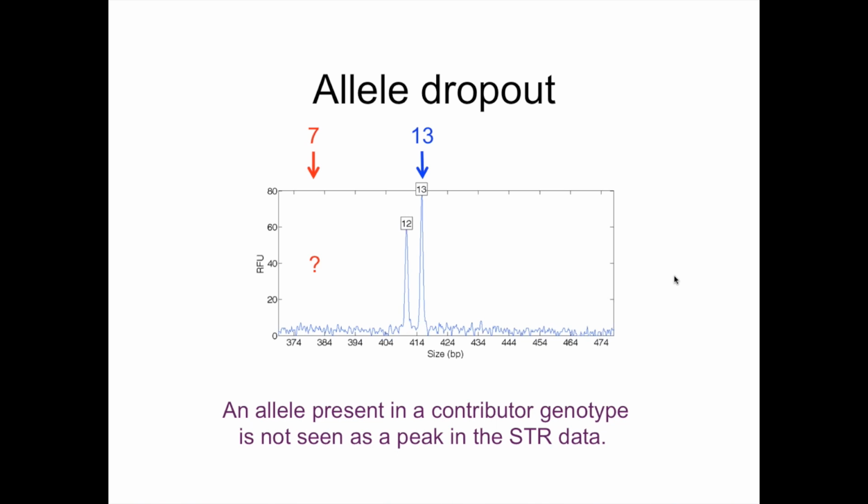We see two peaks, a 12 and a 13, but from other information, we know that one of the genotypes that contributed to this mixture was a 7,13 at this locus. So allele dropout is a phenomenon when an allele is present in a contributor genotype, here 7 and 13, but it's not seen as a peak in the STR data. So here the 13 is visible, but the 7 is not visible.